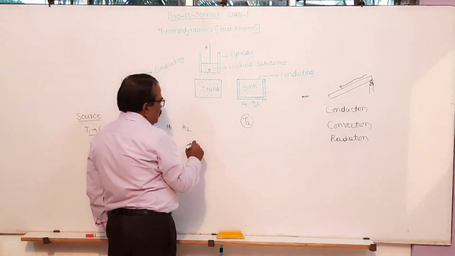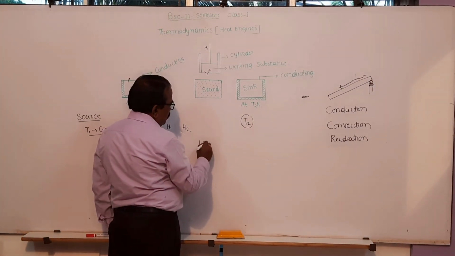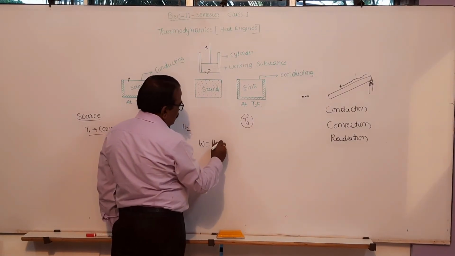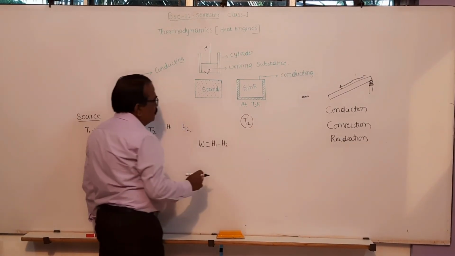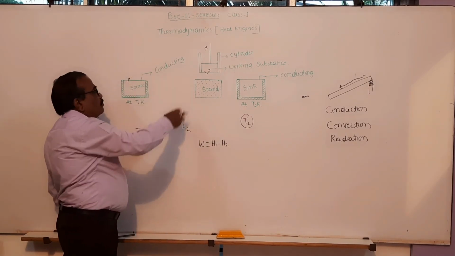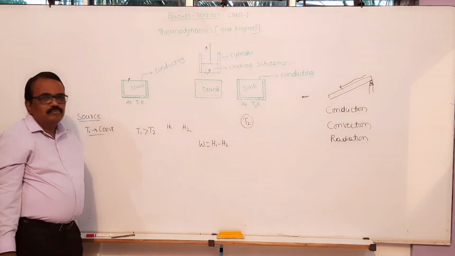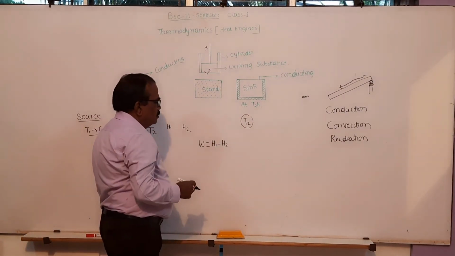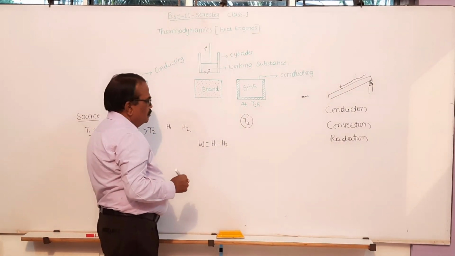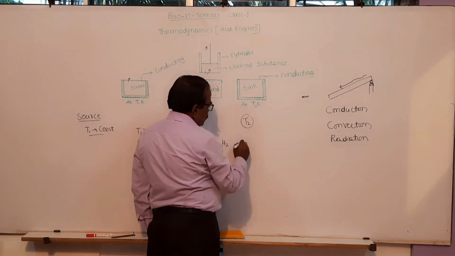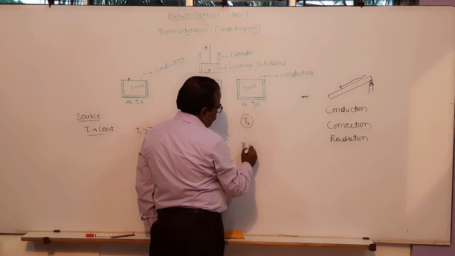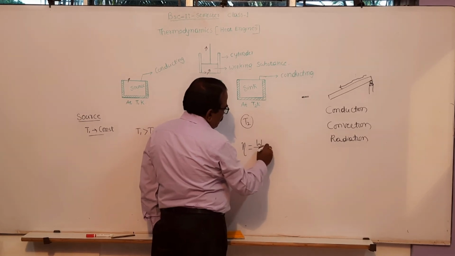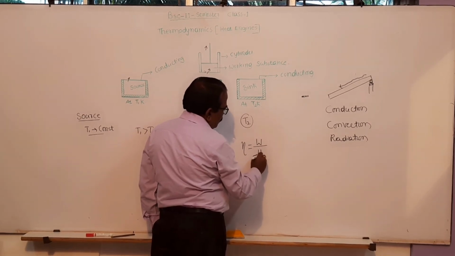Then you know that the work done is the difference, H1 minus H2. The amount of heat absorbed is H1 and the amount of heat rejected is H2. So the efficiency can be written as eta, the amount of work done divided by the heat supplied to the system.